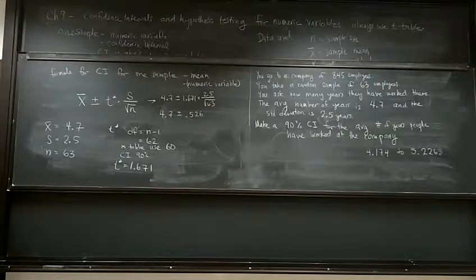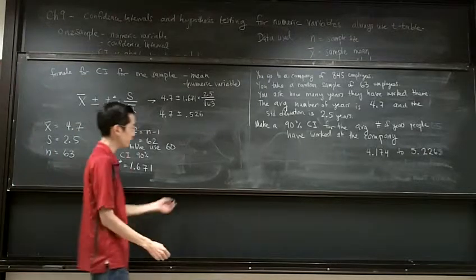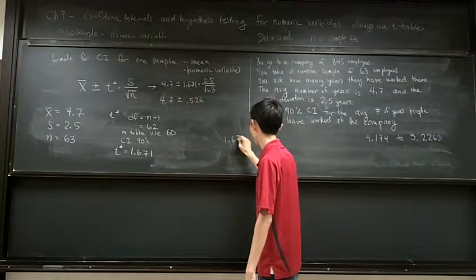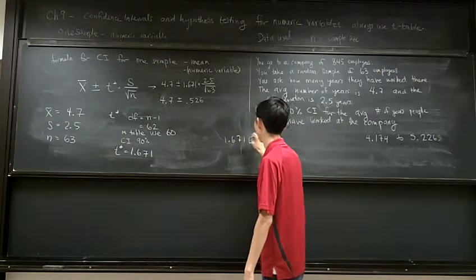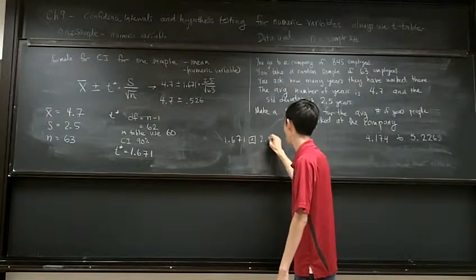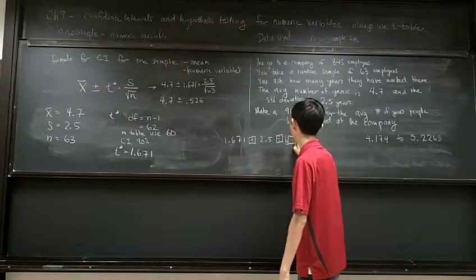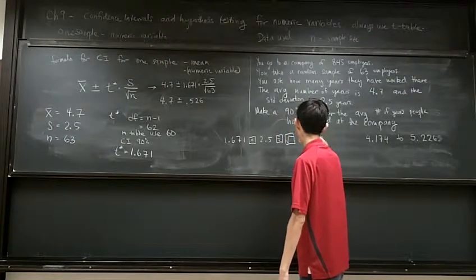1.671 times 2.5 divided by the square root of 63. You should get 0.526. If you're wondering what buttons I pushed on my calculator, I put 1.671, hit the times button, hit 2.5, hit the divide button, hit the square root button, hit 63, and hit equals.